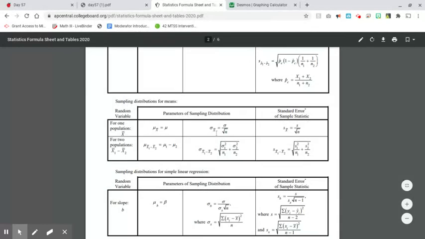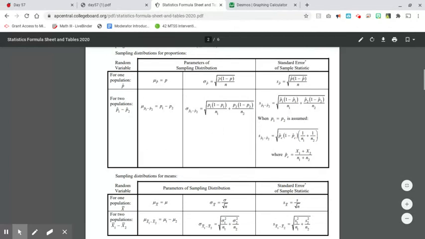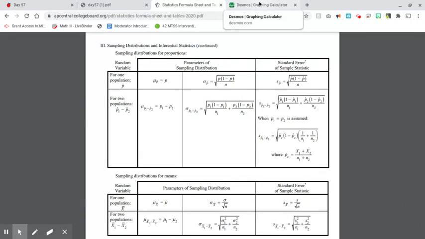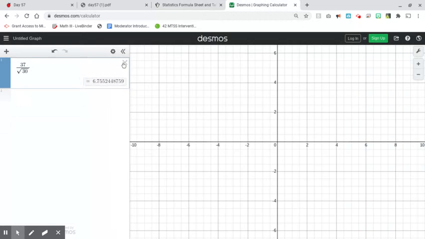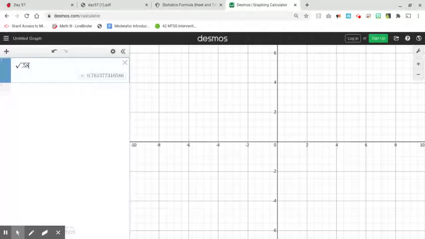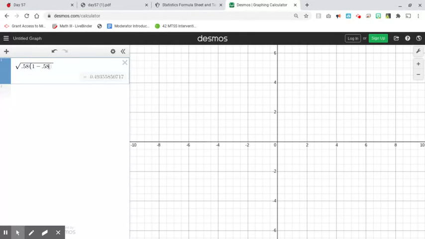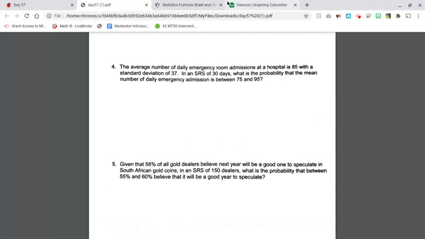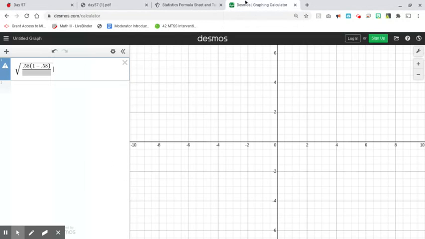So we go back to proportions. We look at our standard deviation formula. It is the square root of P times 1 minus P over n. So that is the square root of 0.58 times 1 minus 0.58 over n, and n is 150.